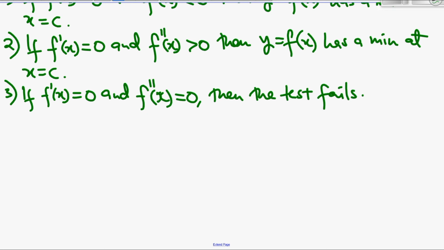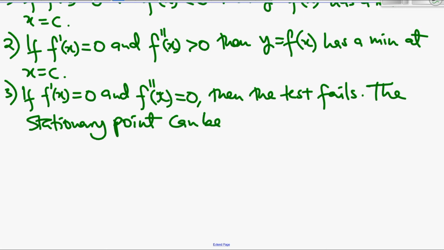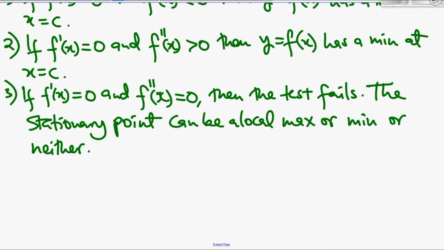So the stationary point can be a local maximum or minimum or neither, like what we have here. Which means if this happens, use the first derivative test.